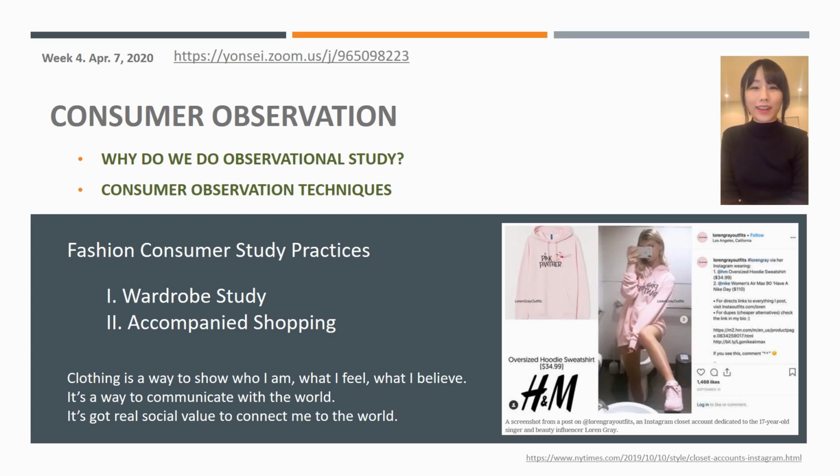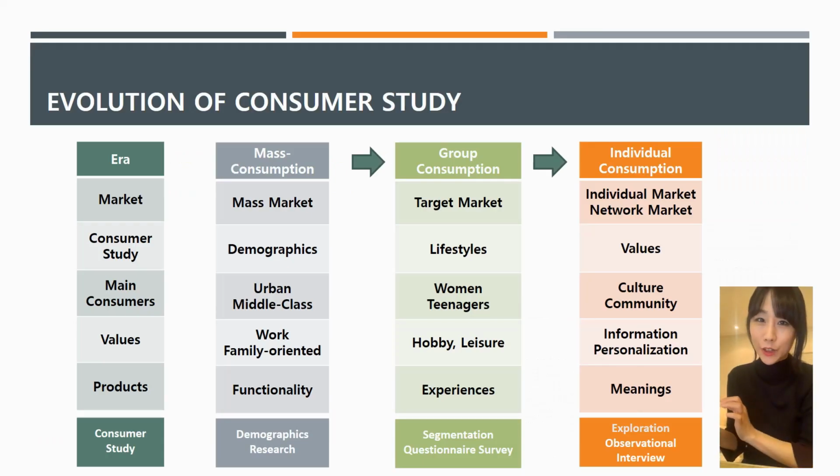So we're going to go deeper into why we are studying observation and how we implement this consumer observation technique to discuss someone's clothing behavior. All right. Let me briefly introduce the evolution of consumer study.